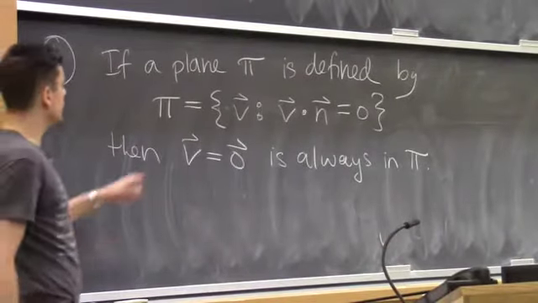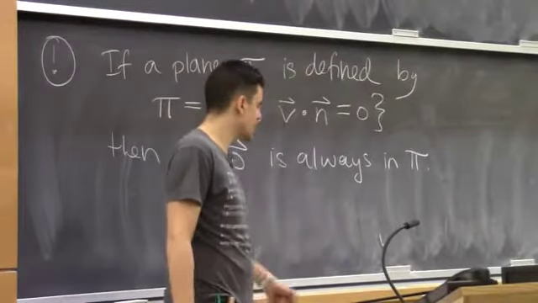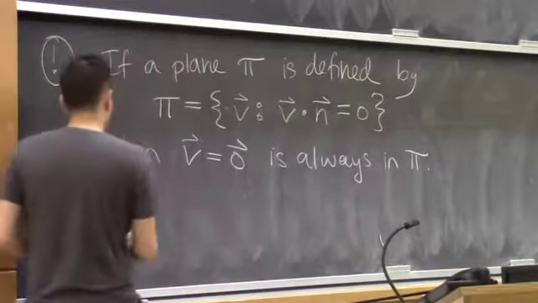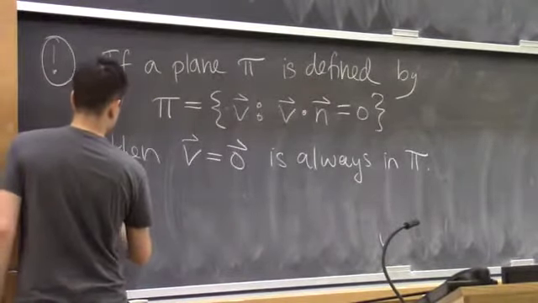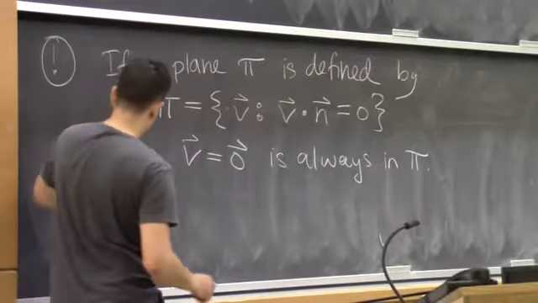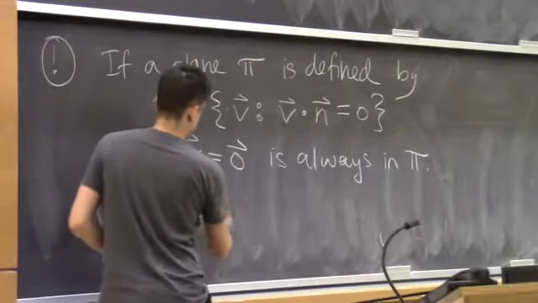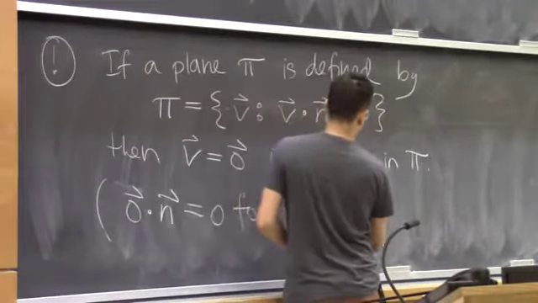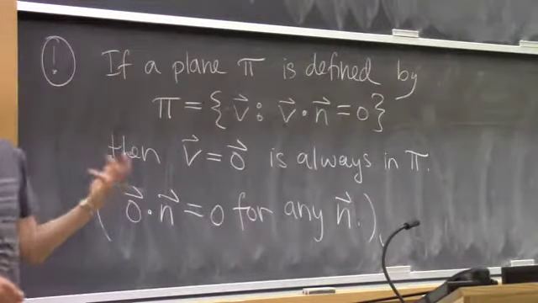So if we think of the plane as being the set of guys orthogonal to the vector n, then v equals 0 has to be in there, because the 0 vector is always going to satisfy this.